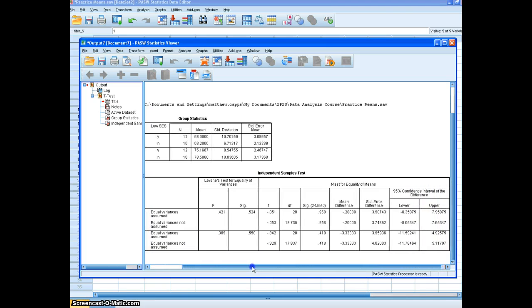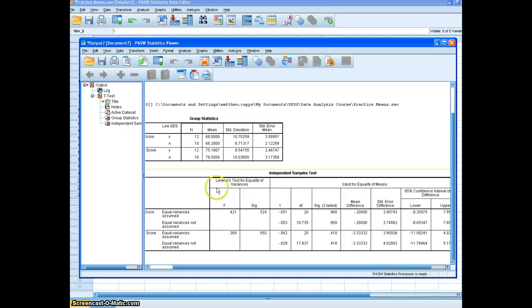is the significance. This is Levene's test, and this is written in one of the examples that I gave you. It is important because we want to make sure that we are comparing similar groups, that those who are low SES have the same shape of distribution as those who are not low SES. And this Levene's test for equality does that.